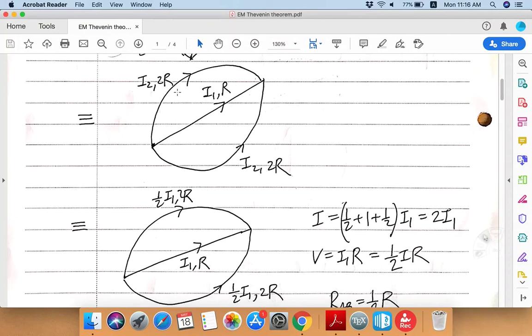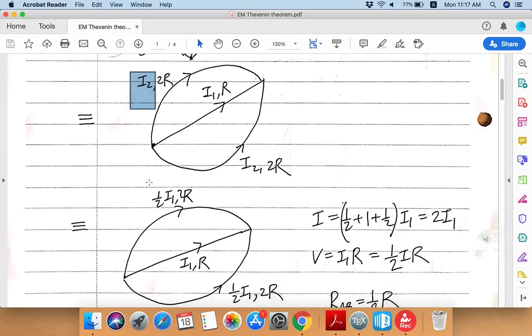So therefore, since the resistance on this side is twice as big, the current must only be half as big, because then their product would be the same as the other channel.